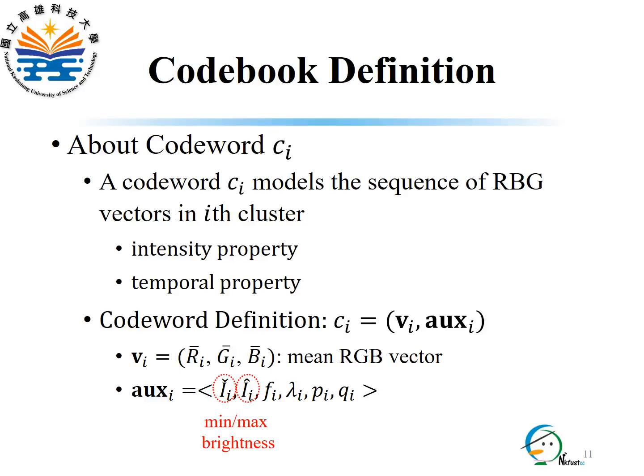The first 2 terms are the minimum and the maximum brightness. Fi is the number of samples in this cluster. Lambda is the maximum negative run length, that is, the longest interval that this codeword has not recurred. Pi and Qi are the first and the last access time respectively.